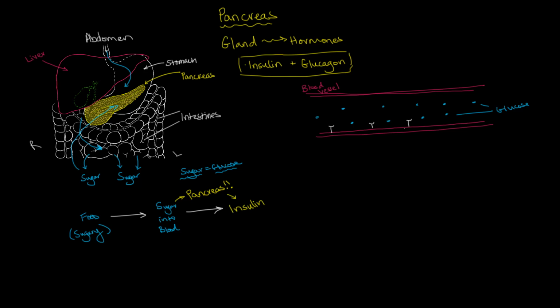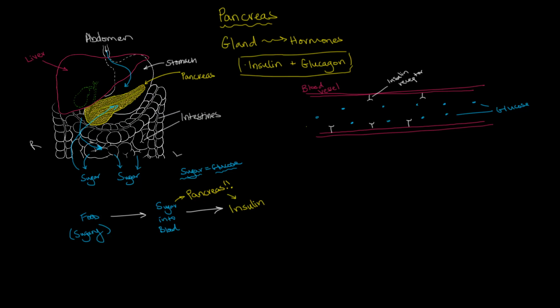We talked about receptors in other videos, but receptors are sort of like mailboxes, and they pick up signals from elsewhere in the body. These receptors are specifically insulin receptors. So they recognize insulin.